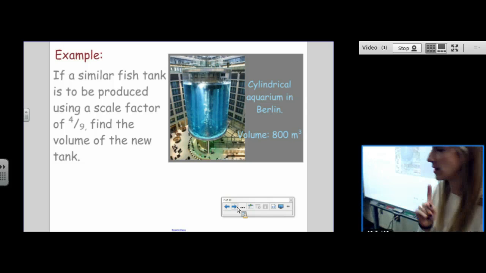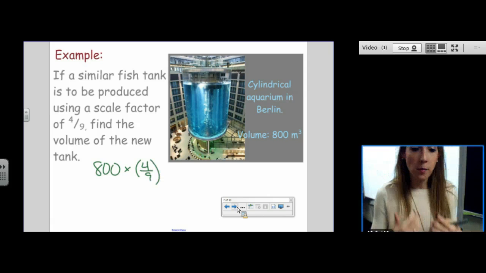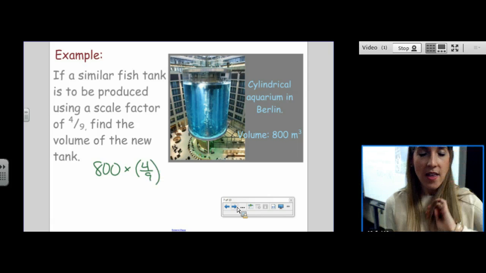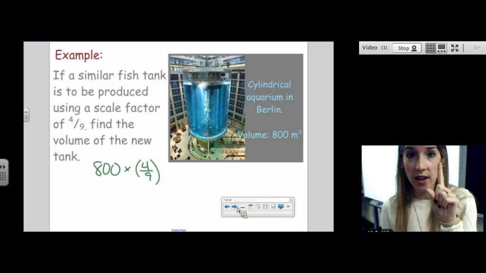Here's what not to do. Take the volume and multiply it by the scale factor. And that would be wrong. The problem is that volume is 3D and scale factor is 1D.